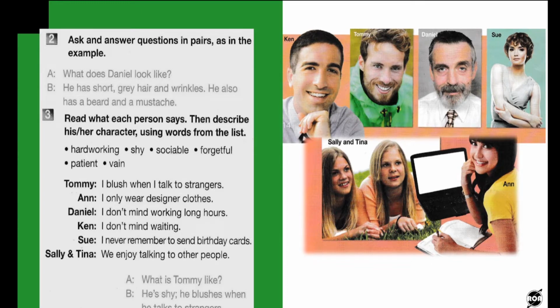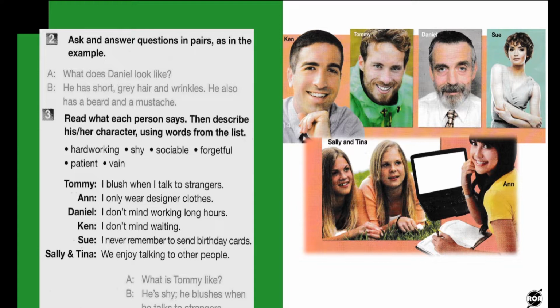Here you have some examples of what we were describing. Now, something you need to remember, the most important, is this question: what does X person look like? This question is to describe the appearance of a person. Notice that the text answers: he has short gray hair and wrinkles.